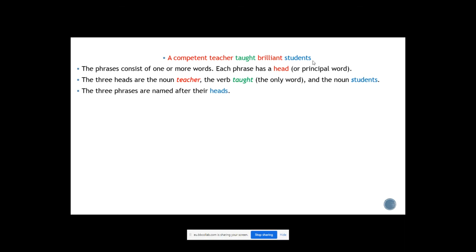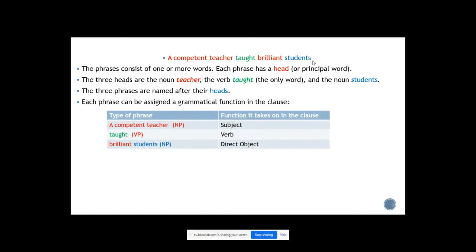Right. Now the three phrases are named after their heads. So it's the head word or the principal word which decides if we call it a noun, verb, or adjective phrase. Each phrase can be assigned a grammatical function in the clause. So again, this is another kind of parsing function it takes on in the clause.